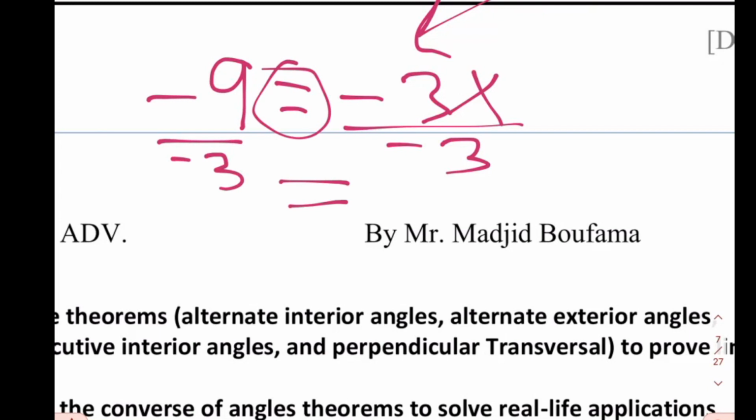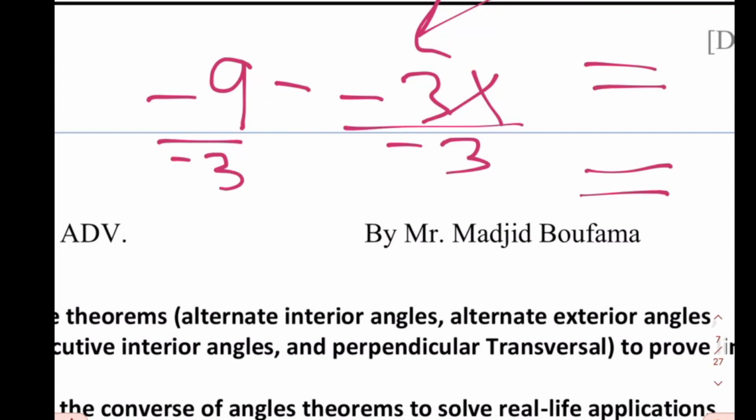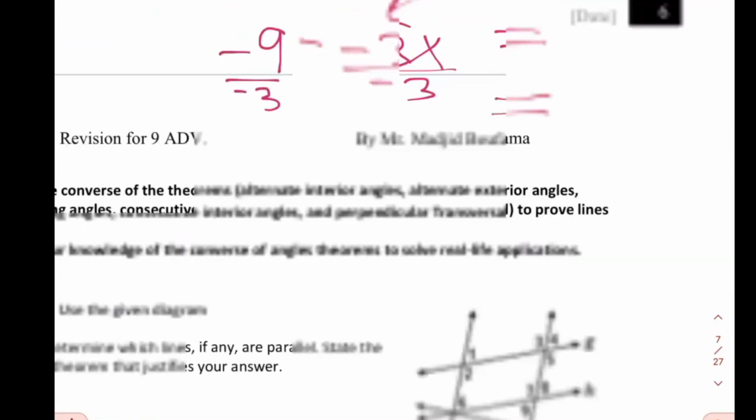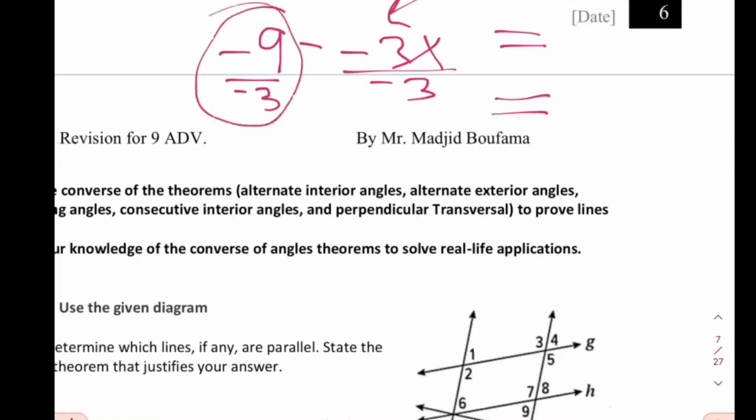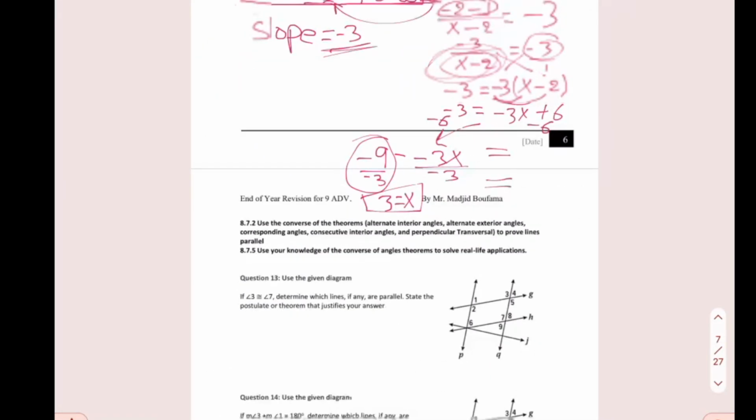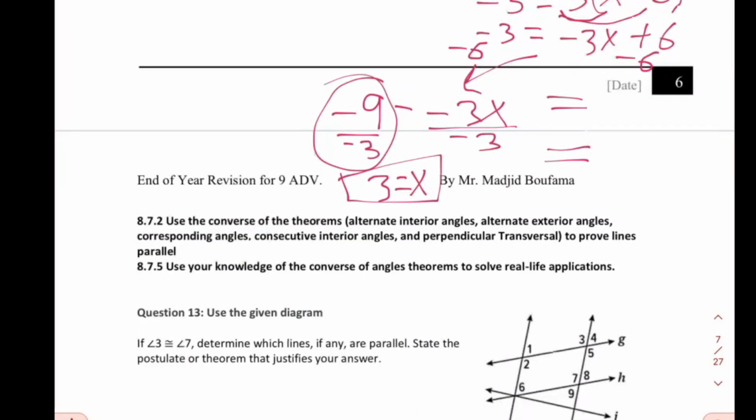Don't worry, I'm joking. Even if you change direction of equal, it becomes equal. It doesn't change. Okay, so negative 9 divided by negative 3 is what? 3 equals x. And that's the value of x. Here we are. I am done with the slope. I think this video is enough for you.